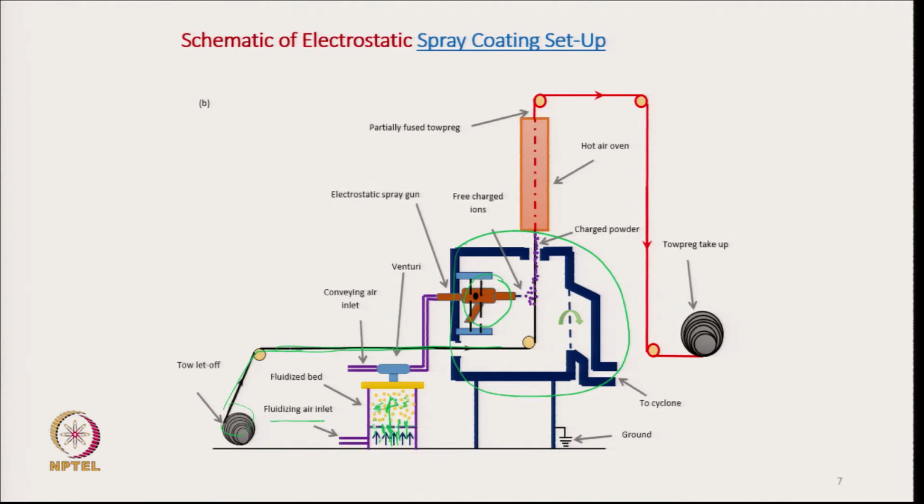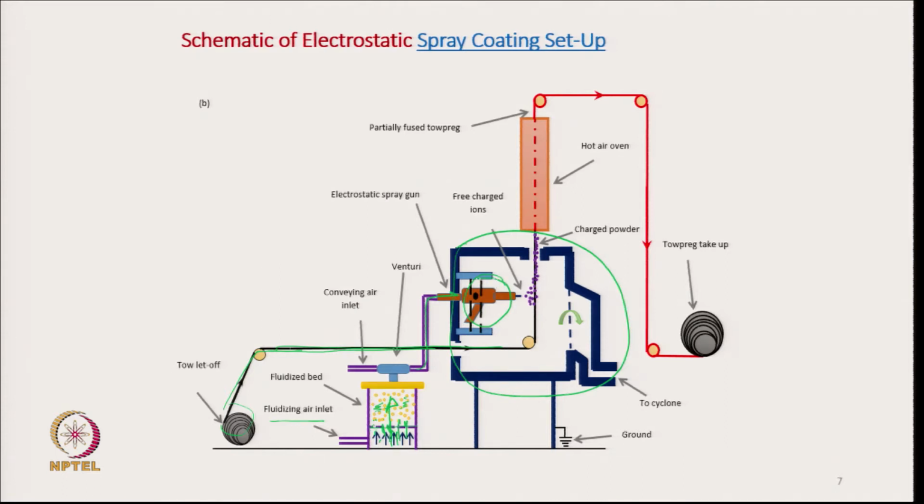Then through the conveying air and with the use of a venturi, this air laden with the polypropylene particles enters into the electrostatic spray gun.